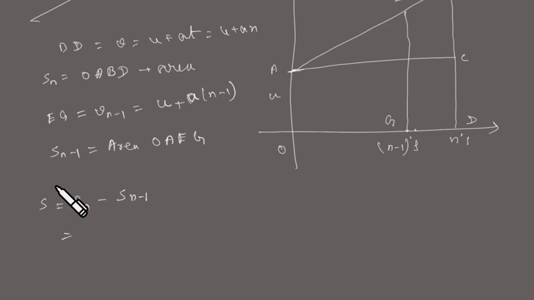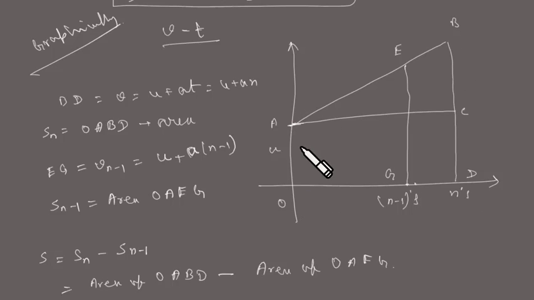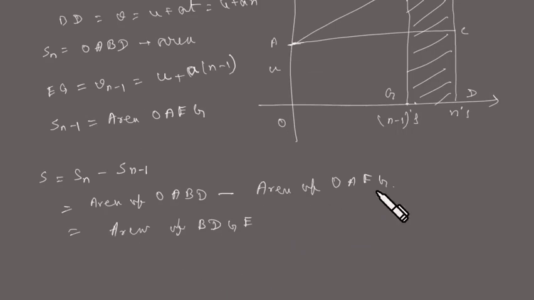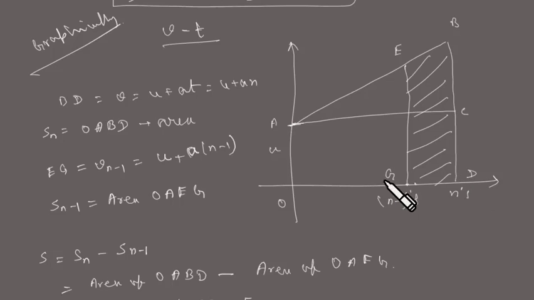That means the area of the trapezium OABD minus the area of the trapezium OAEG, which equals this shaded area, the area of the trapezium BDGE.